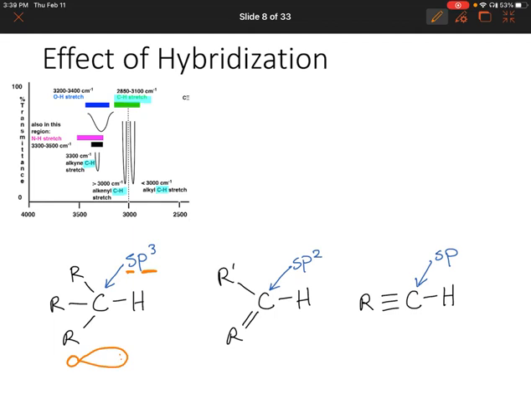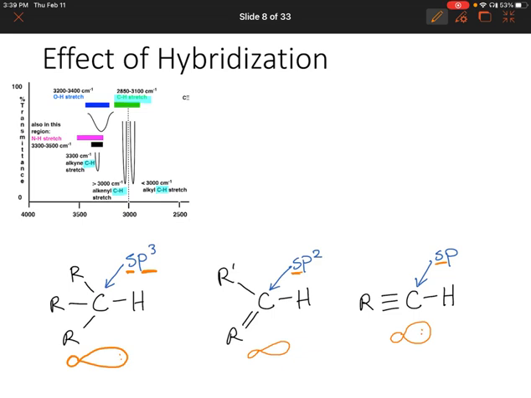An sp2 hybrid orbital is a little shorter just because it has more s character, about 33% s character. And then an sp orbital has 50% s character, so that's going to be more spherical. So electrons will be closer to the nucleus.